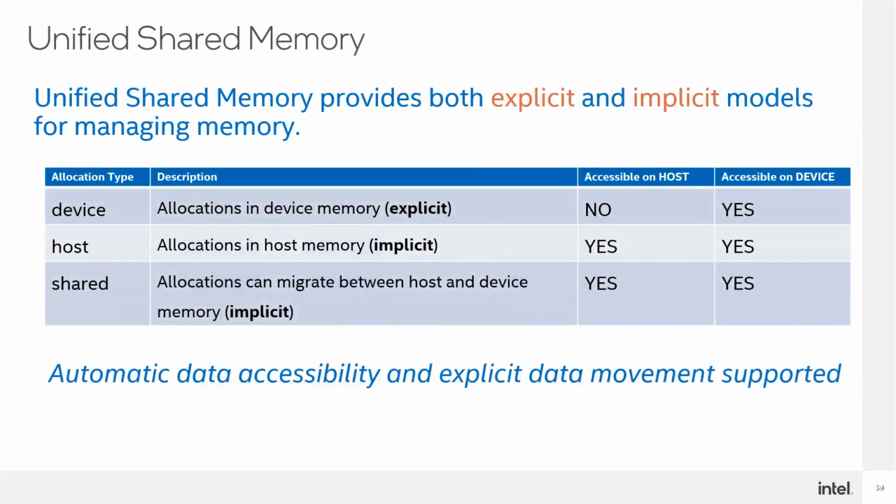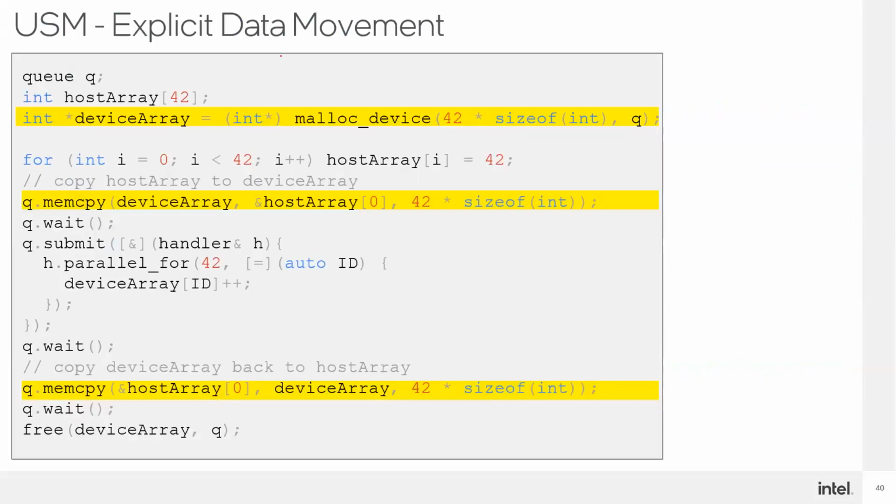And there are three major models in unified shared memory. You can allocate the memory on the device explicitly, you can allocate on the host, and you can allocate the data in the shared mode. Let's look at an example of how it looks.